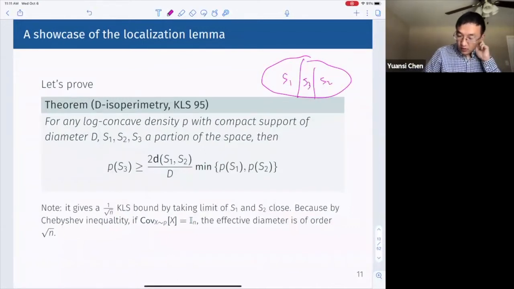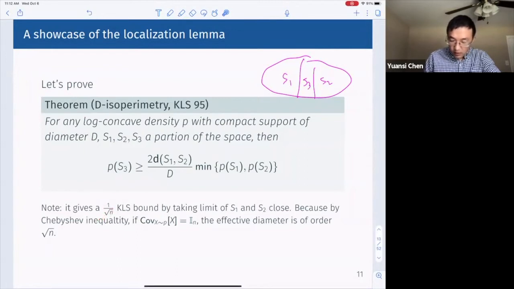And then you want the volume of S3 to be larger than the distance between S1 and S2 divided by the diameter of the density, times the minimum of the volumes of S1 and S2. And if you take the limit that the distance between S1 and S2 goes to 0, then you will recover our definition of the isoperimetric coefficient.